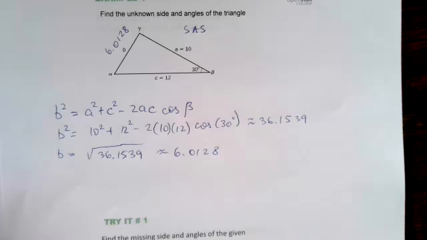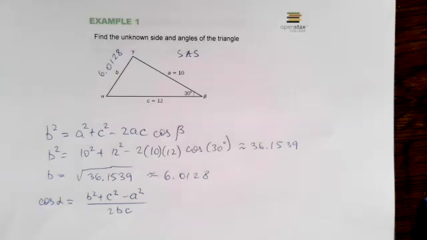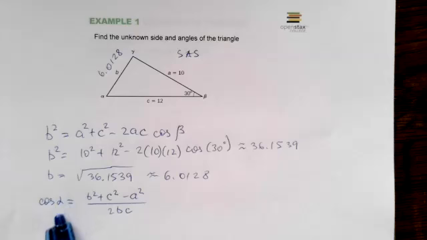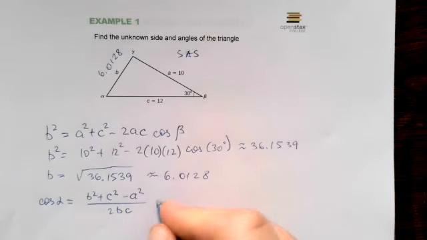So here you have a choice. But since we're practicing the law of cosines, let's take our second formula solved for the cosine of alpha and plug in the values.